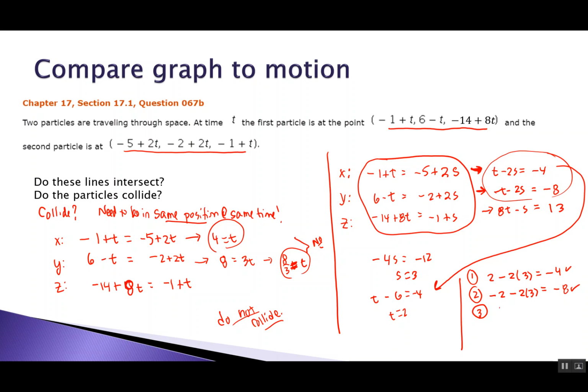So 8 times 2 is 16, minus 3 is 13, check. So when time equals 2, the first particle will be at a certain point, and then when time equals 3, the second particle will come through and hit that same point. So yes, the paths intersect, but not at the same time, no collision.